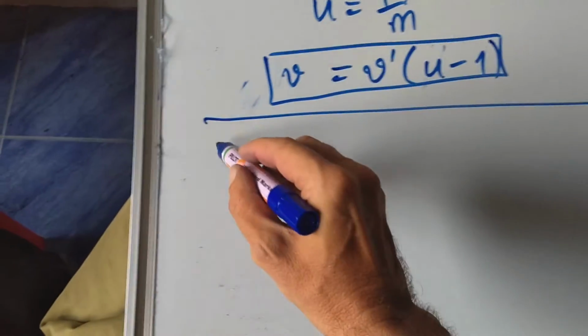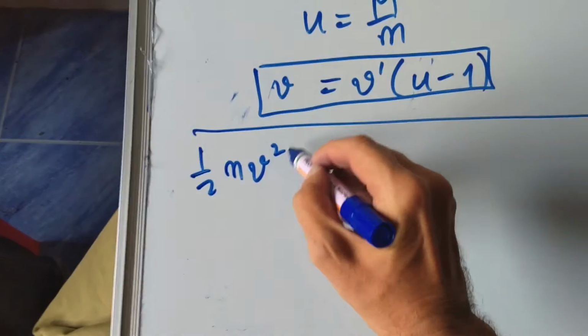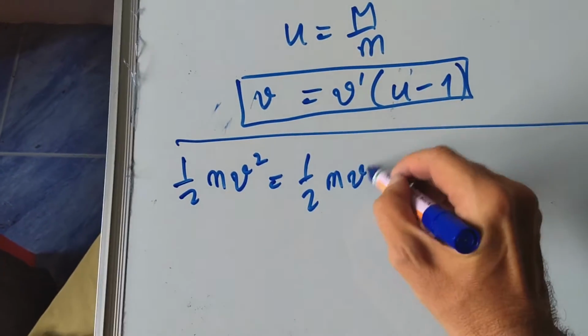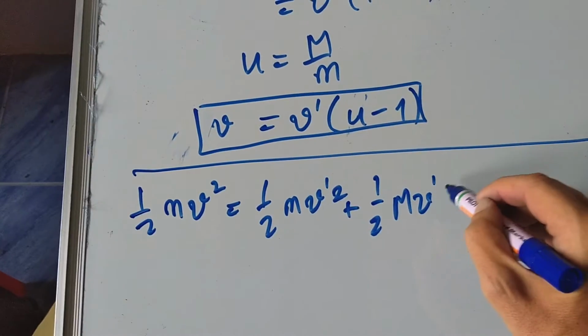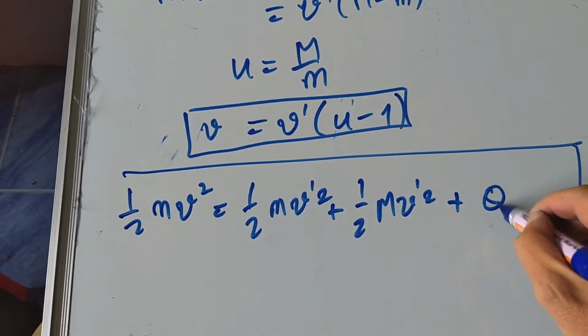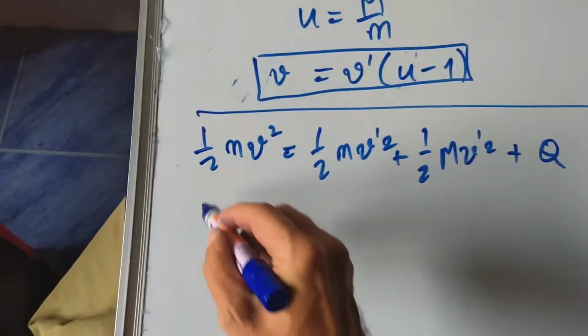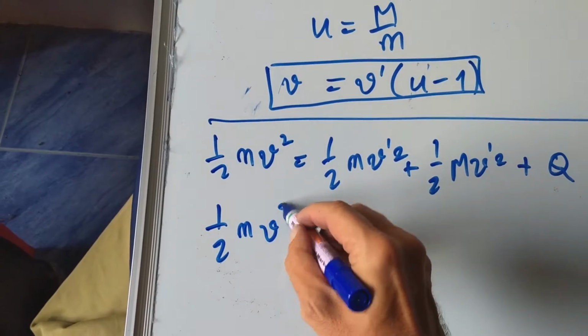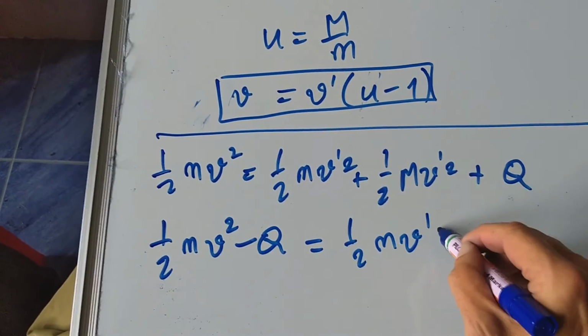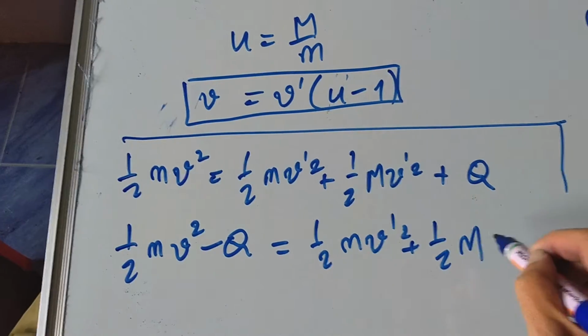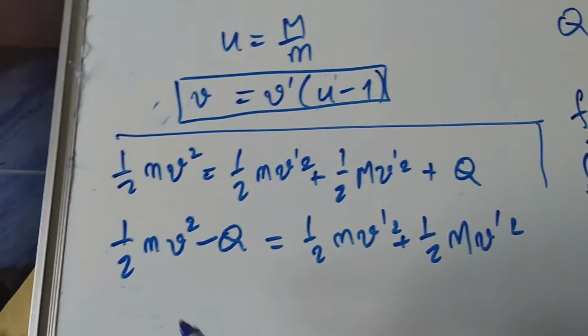So we have 1/2 mv squared is 1/2 mv prime squared plus 1/2 big M v prime squared plus Q. Let's bring the Q to the other side. I have 1/2 mv squared minus Q is 1/2 mv prime squared plus 1/2 big M v prime squared.